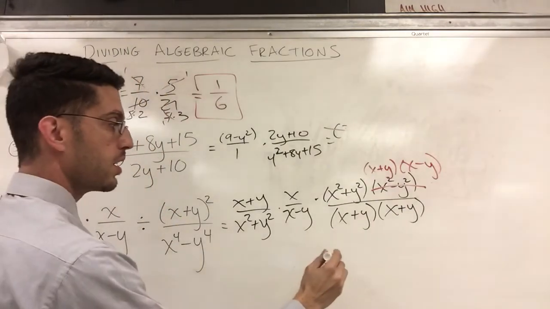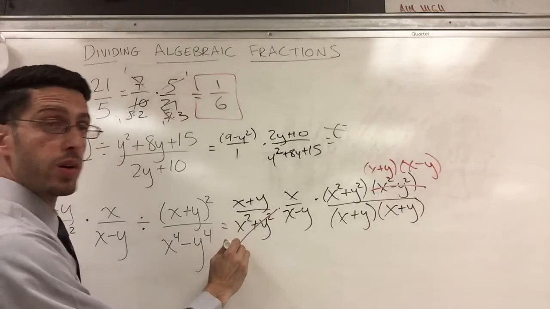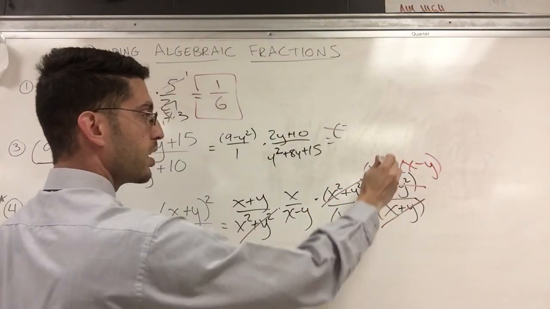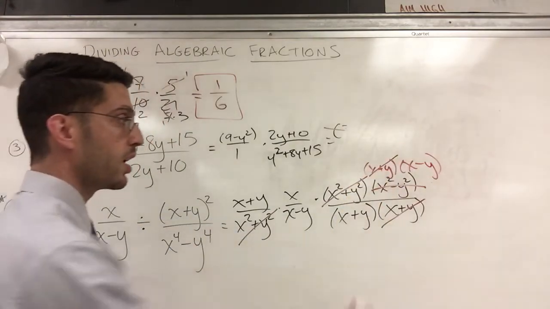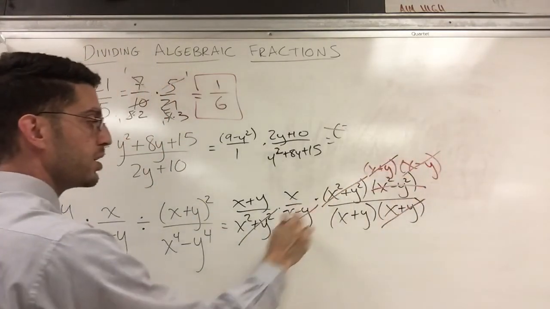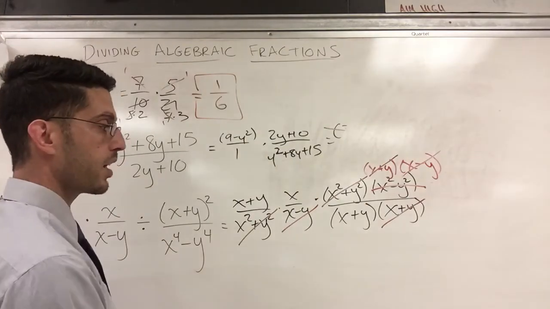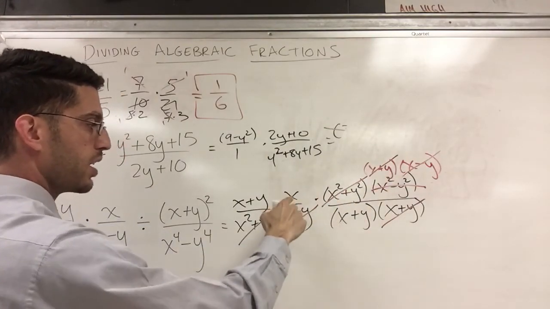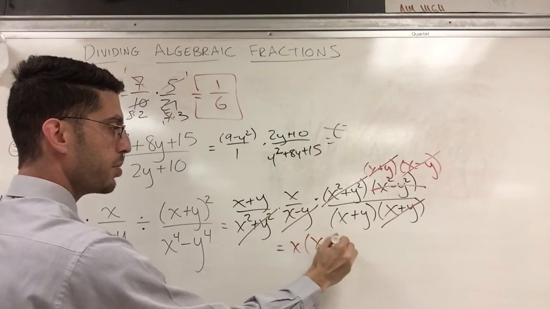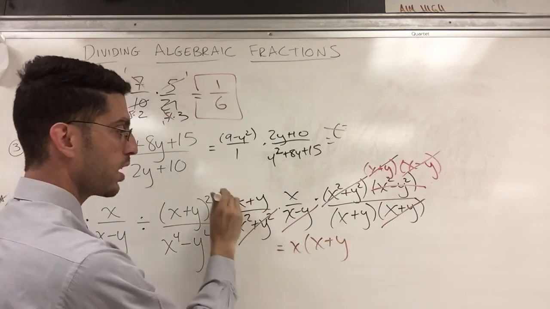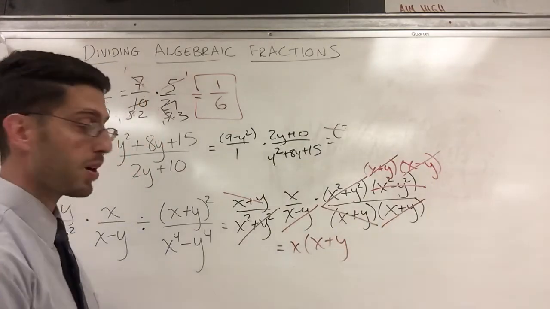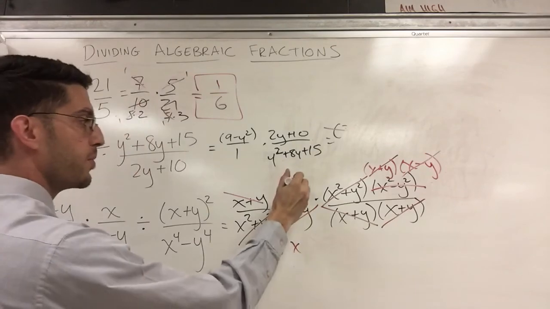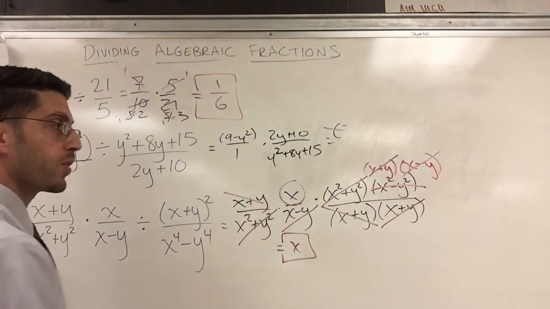So I see x squared plus y squared, x squared plus y squared, goodbye. x plus y, goodbye. x minus y, goodbye. And whatever's left is looking like x times x plus y on top. Oh, no, look at this. x plus y, goodbye. So it's looking like everything got crossed out except for this sole survivor, the x.